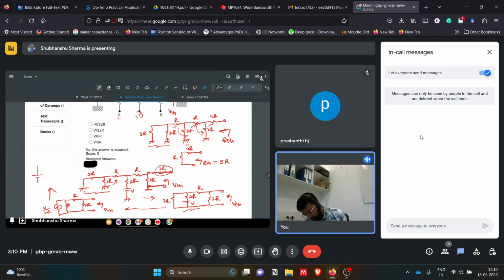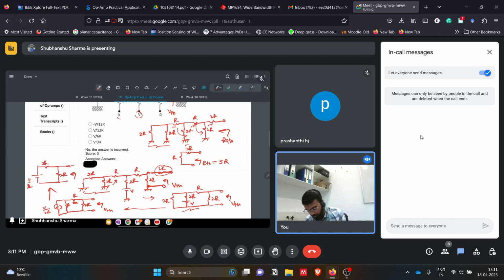Then again this will become, so yeah, V by 2R, so it will be V by 2, this voltage, and this R will come back in series with this R, so it will be 2R, this will be 2R, this will be plus minus VTH.